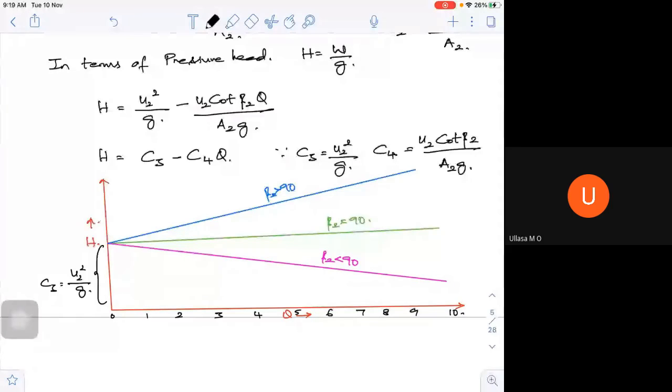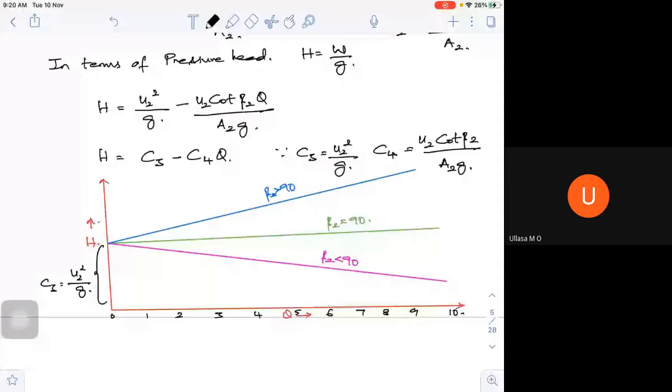Say for example, beta 2 I will take a value between 0 and 90, and check how the head varies. Let me take the speed as some value, for a fixed diameter, speed, and a given beta 2 angle, and for varying discharge, I will draw this plot.